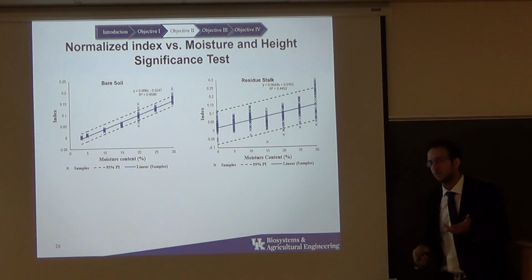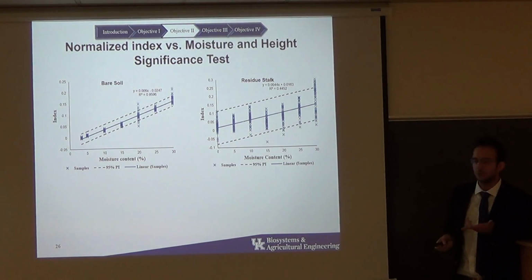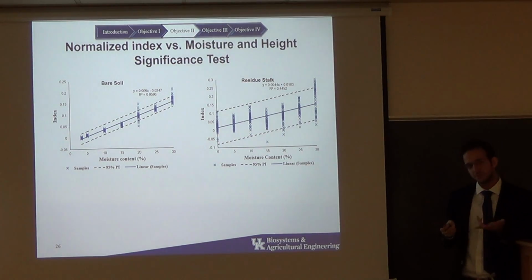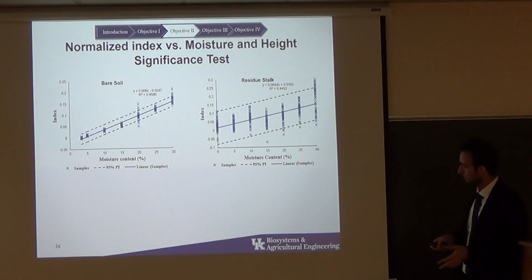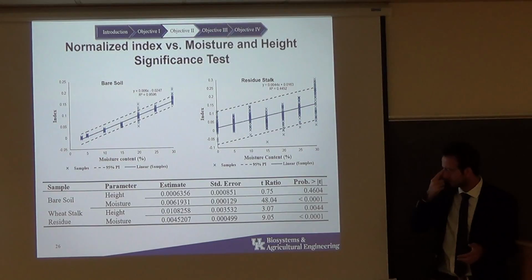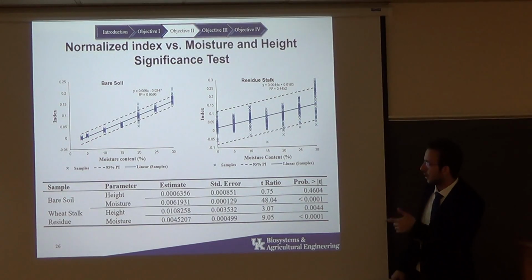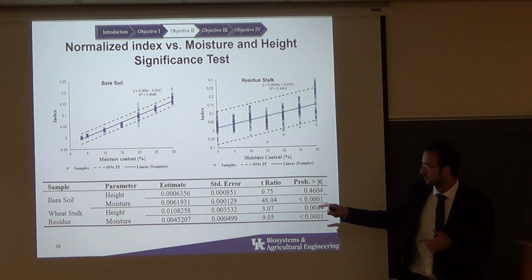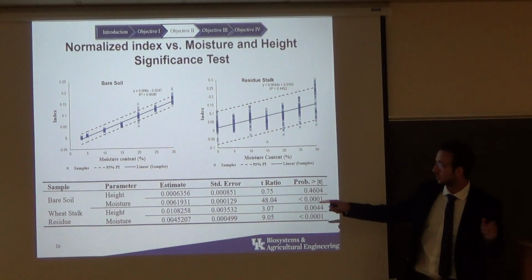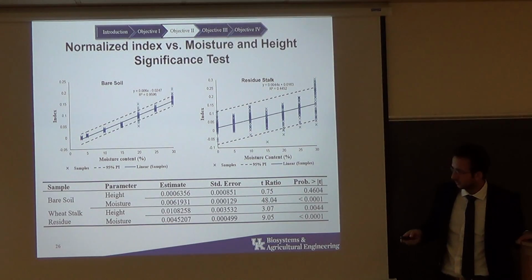As I said, it could be because of the structure of the material, and also because the water probably is not distributed evenly throughout the whole sample. When we do the statistical analysis on these two, moisture is the only significant parameter for the Bersol, but both height and moisture are significant factors for the stalk residue.